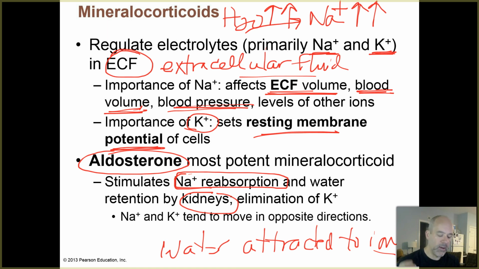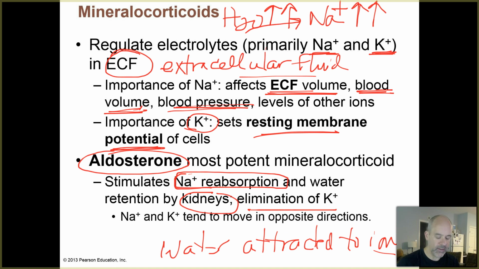All right, notice here also it says aldosterone causes elimination of potassium ions. And kind of a rule is if sodium moves one way, potassium moves the other. So if your kidneys are reabsorbing more sodium ions, those are positively charged, then they have to get rid of potassium ions to make sure you keep your electrical charge balanced in your body fluids.